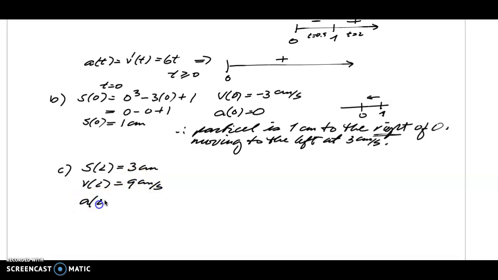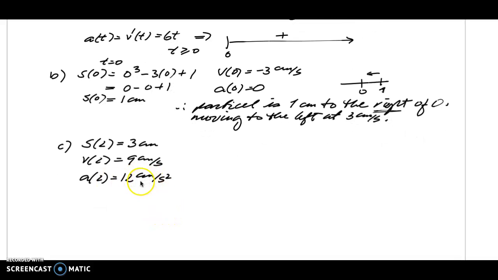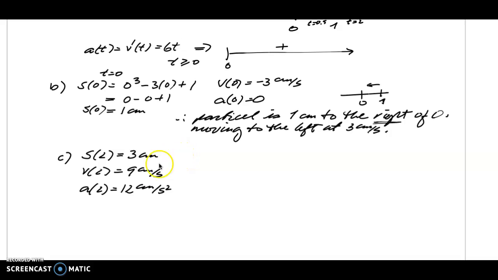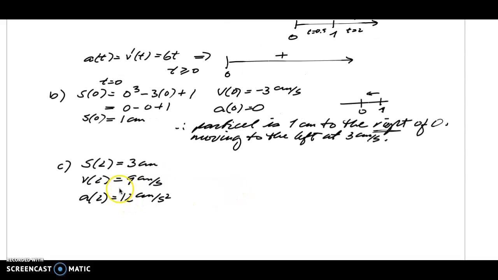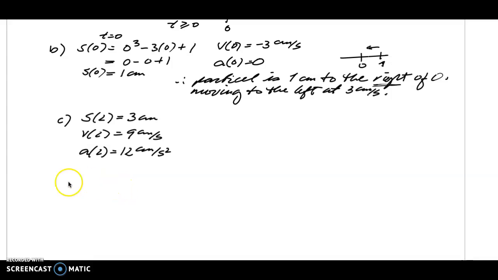And acceleration at 2, well, that's going to be 12 centimeters per second squared. But there you go. So you can already kind of see what it's doing. So this is going to be 3 centimeters to the right of the origin, and moving to the right at 9 centimeters per second, and it's accelerating, right? So we'll see in the diagram.